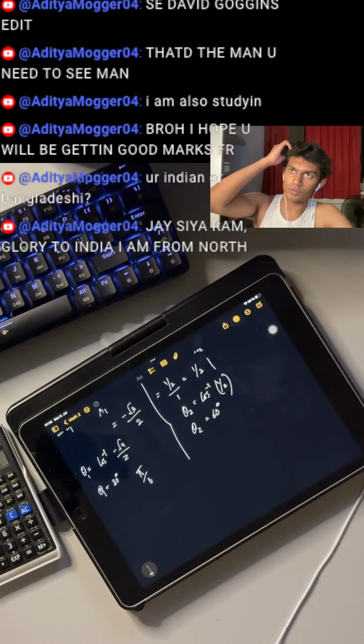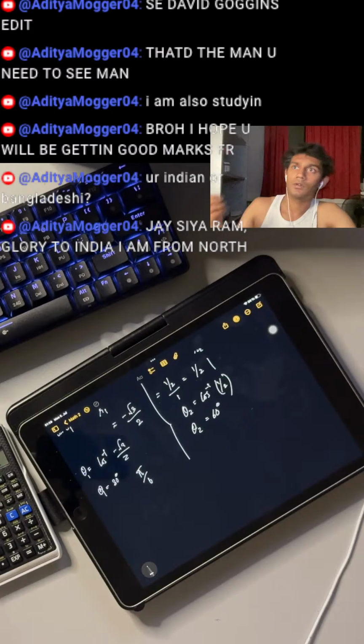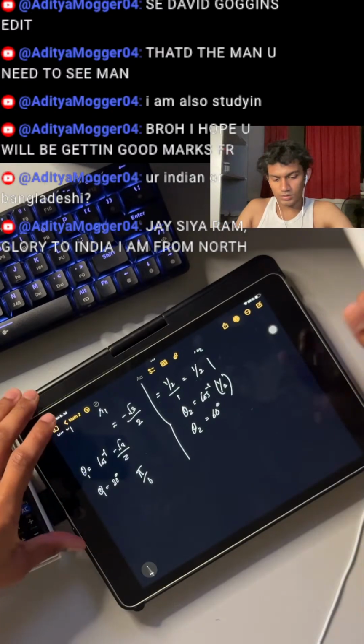Exponential form equals r e raised to I theta.